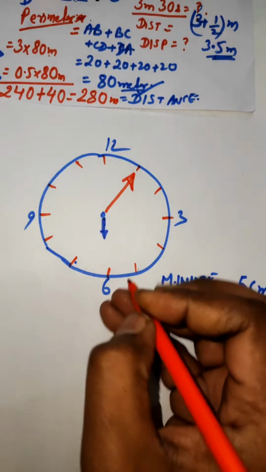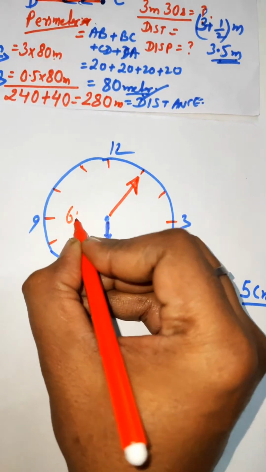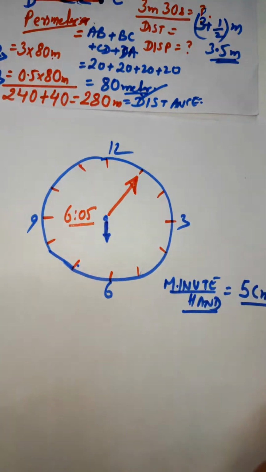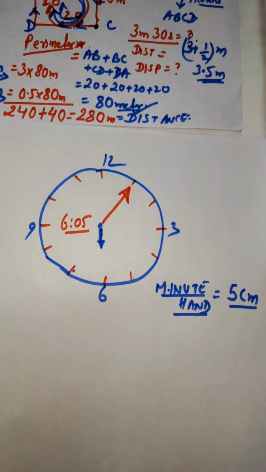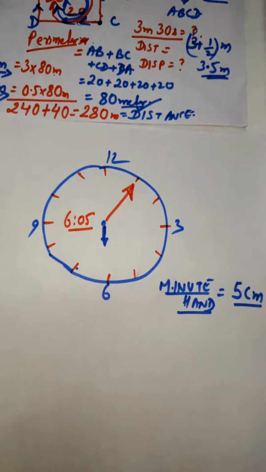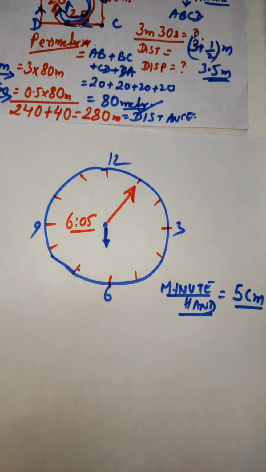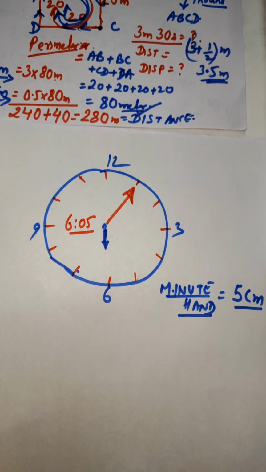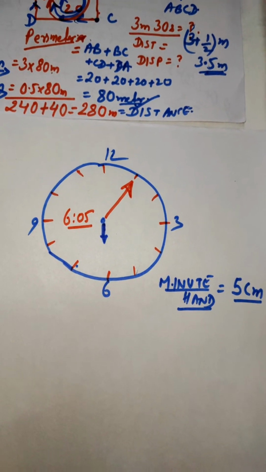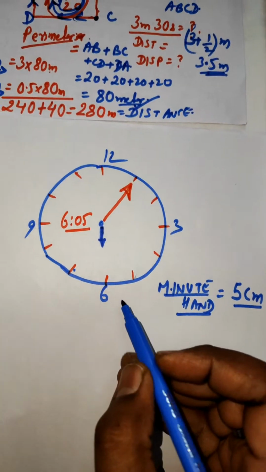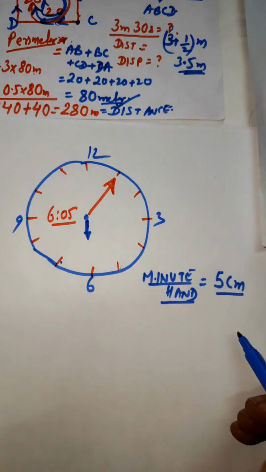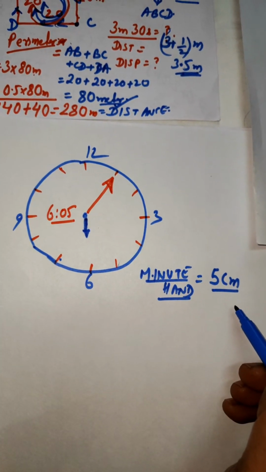So this is the position of 6:05. So from 6:05 to 6:40, what is the distance covered and displacement covered by this minute hand, whose length is 5 centimeter?